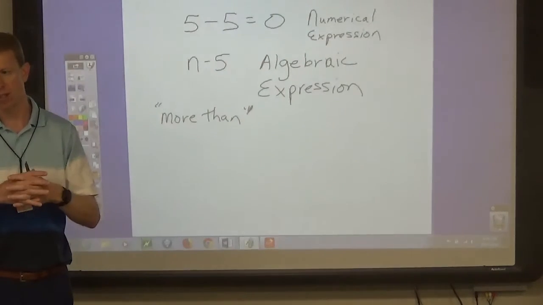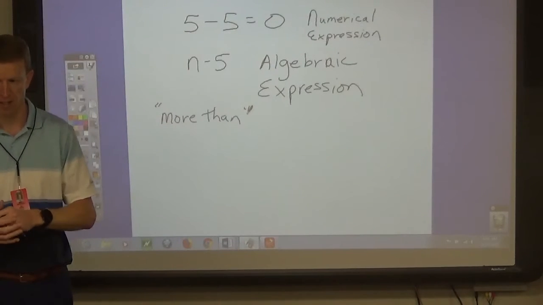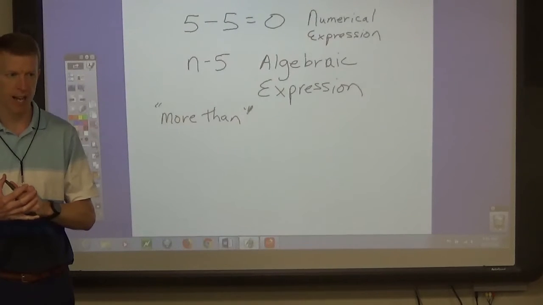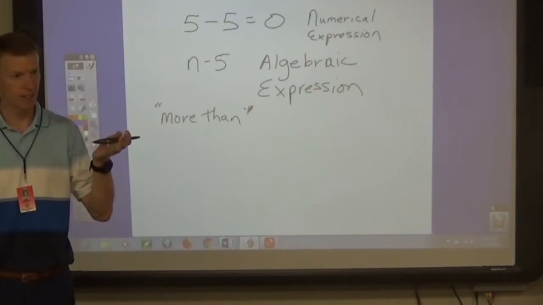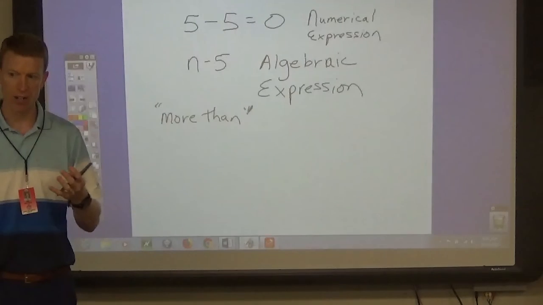Are you starting with m or are you starting with 16? Read it again. It says 16 more than m. So then you have two quantities, 16 and m. Which one do you have and which one are you adding?